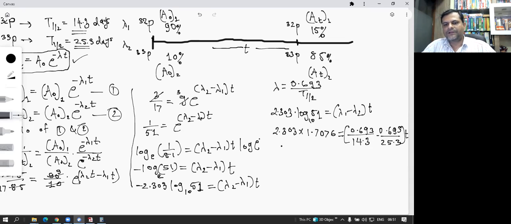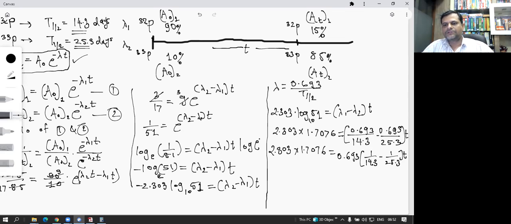Then we can simplify this further, so as to get 2.303 into 1.7076 is equal to, from this, 0.693 will come common. So 0.693 has been taken common, and what we are left with is 1 upon 14.3 minus 1 upon 25.3, and that is multiplied with time, that is t.